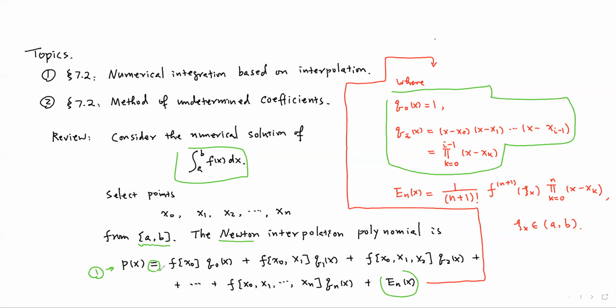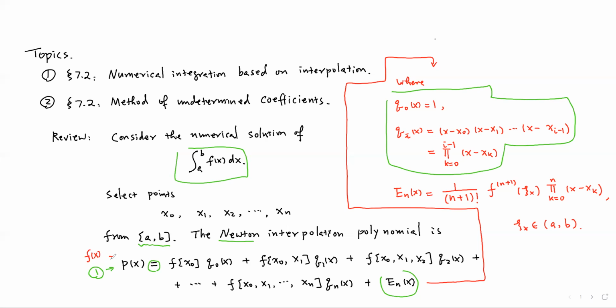Now take integral. I call this equation 1. Take integral on both sides. P roughly is f. Because I have the error term, it should be an equal sign.